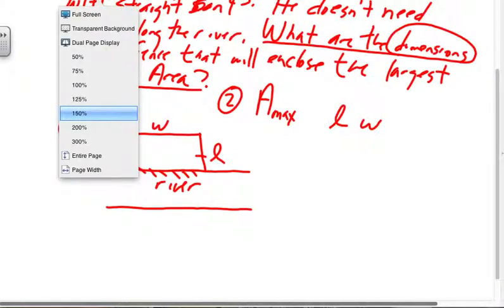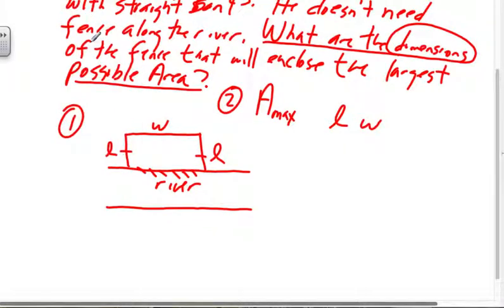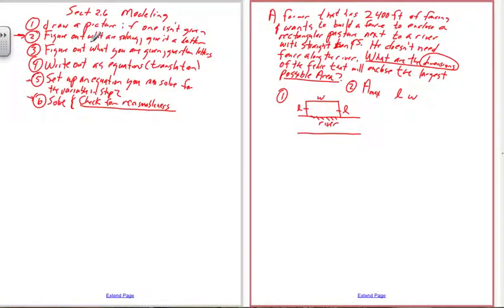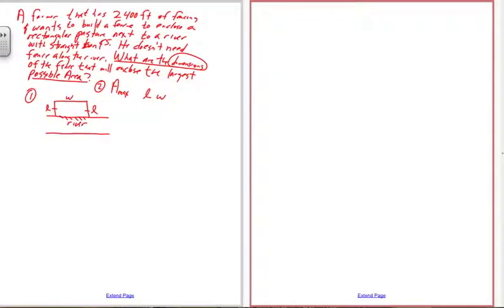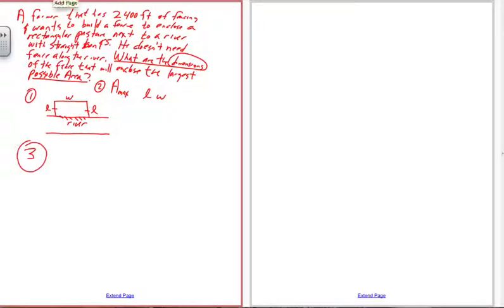Okay, so we've got that. So now let's come in and do step 3. We just figure out what else we are given. Okay, well, we've got this up here, 2,400 feet of fencing.